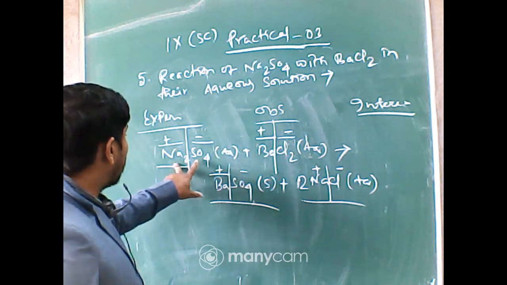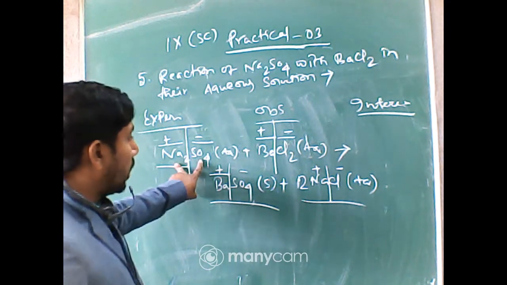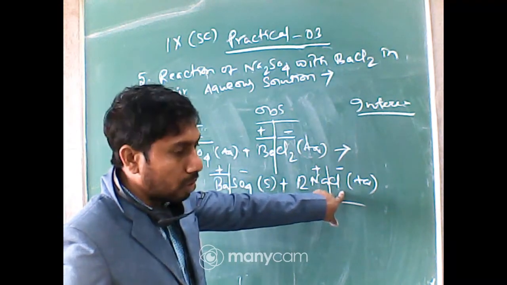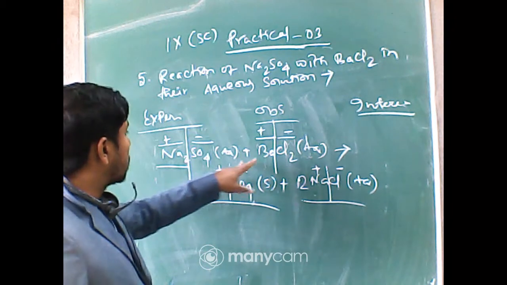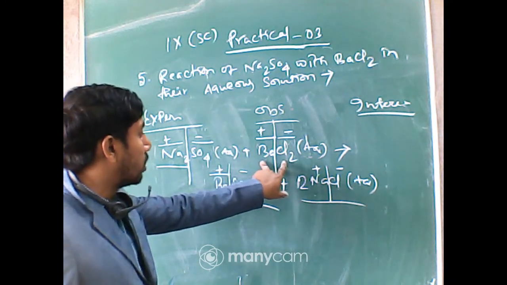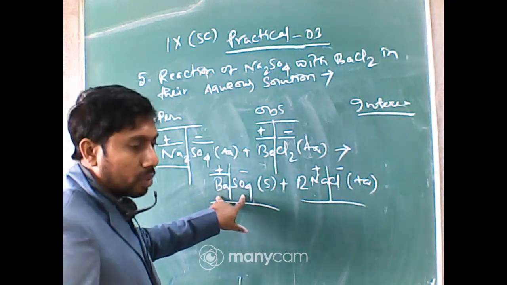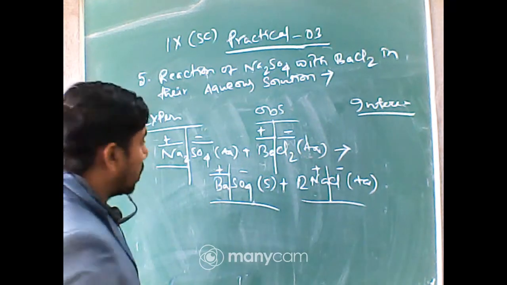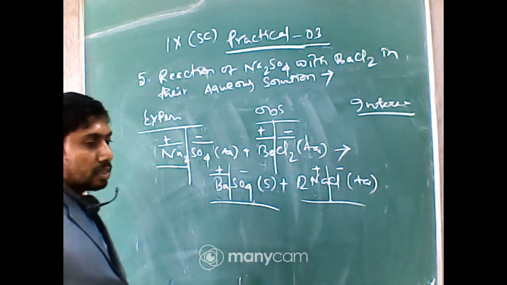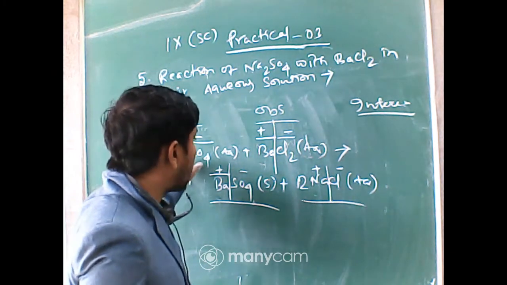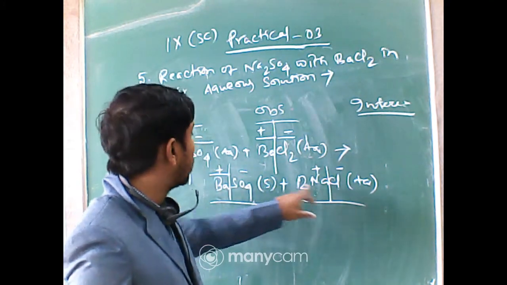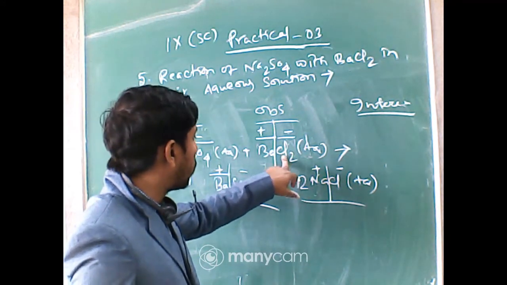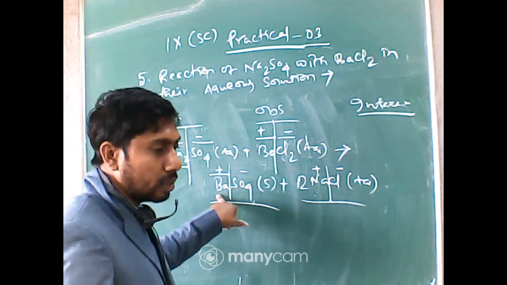Now look at this. Here sodium is with sulfate. Here sodium is with chlorine. In the first case, barium was with chlorine, but in the second, barium is with sulfate. So here they replace each other. Sodium was with sulfate, now it is with chlorine. Barium previously was with chlorine, but presently it is with sulfate.